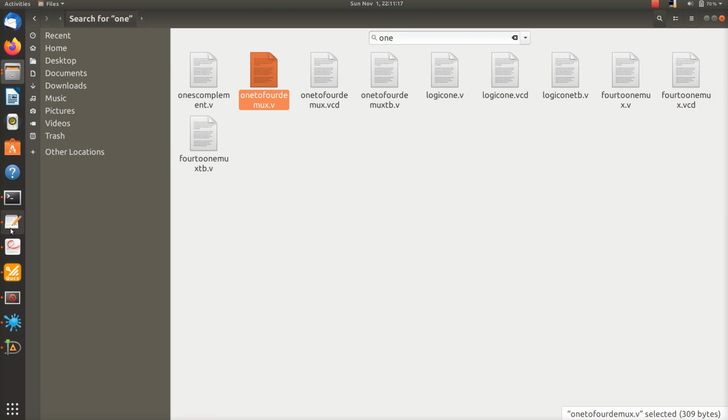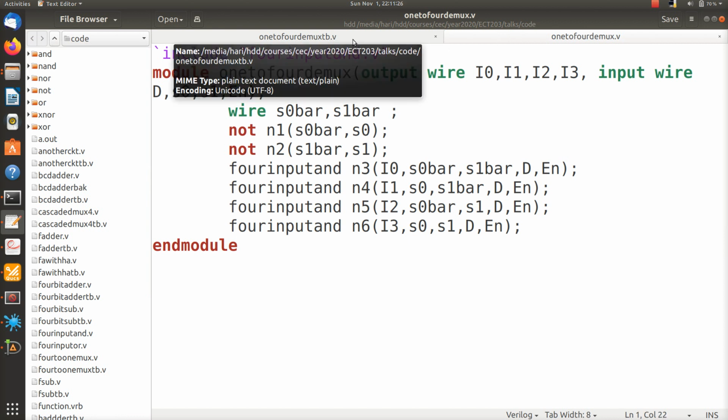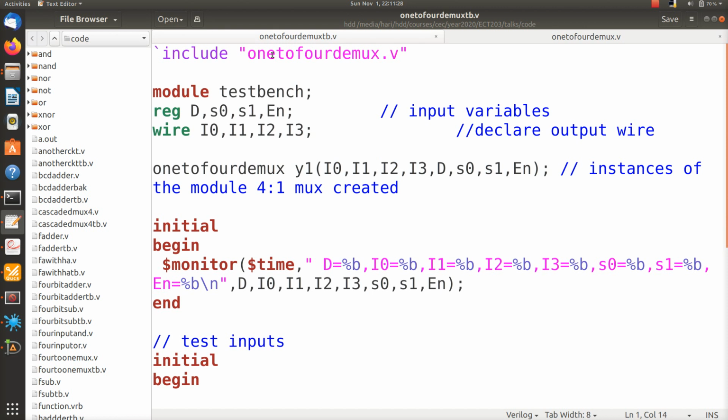Now I can write a test bench for this. I include the 1 to 4 demux, `include 1 to 4 demux. Then I create a module test bench. The inputs are given as registers D, S0, S1, EN enable, and outputs are wires I0, I1, I2, I3.